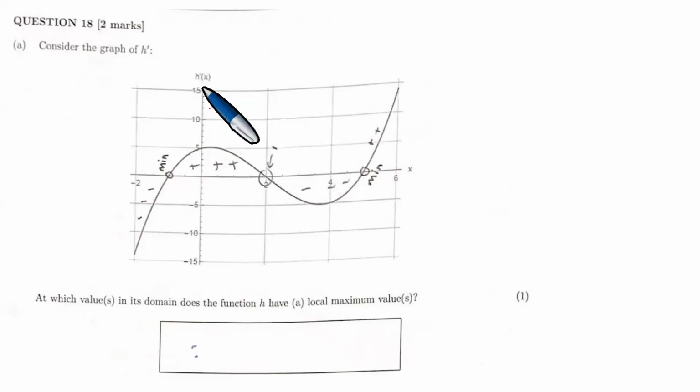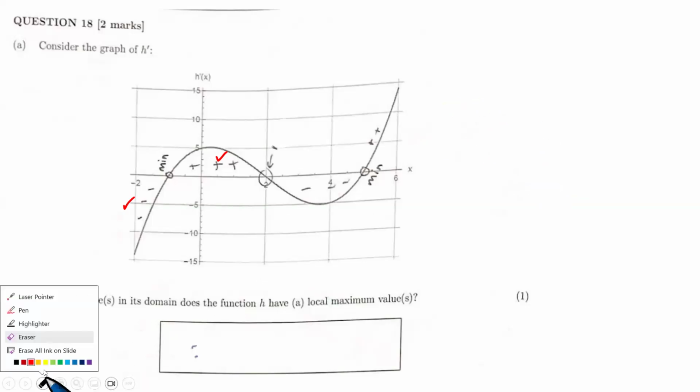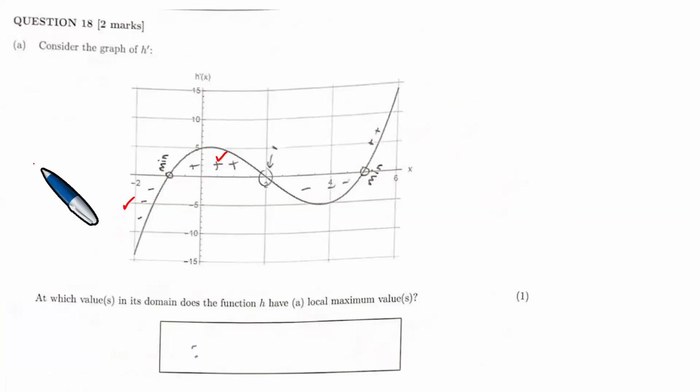So now, if this is h primed, you're able to see that the derivative is negative here, positive there, negative there, positive there. If the derivative is negative, we're running downslope, in other words, the original function runs downslope.